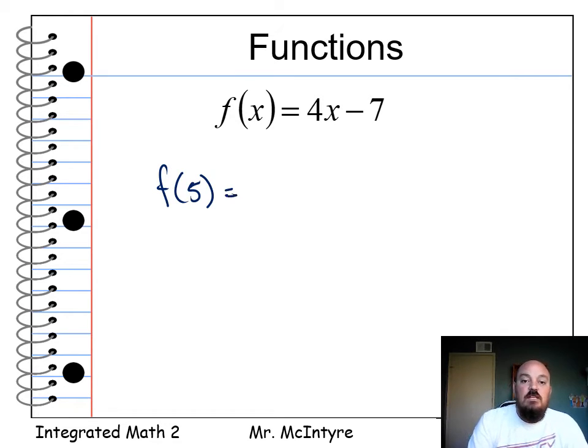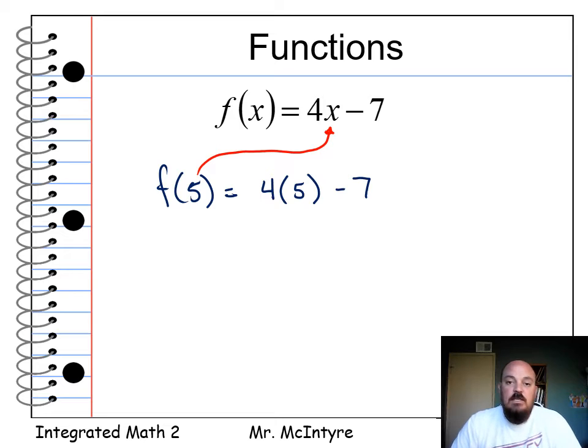That means you take the number 5 and plug it into your original function for x. I'll leave the 4. Now instead of x, I'll put a 5 in parentheses because it's multiplication, and then we still have the minus 7 on the end.